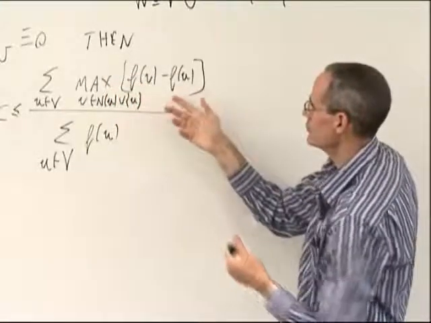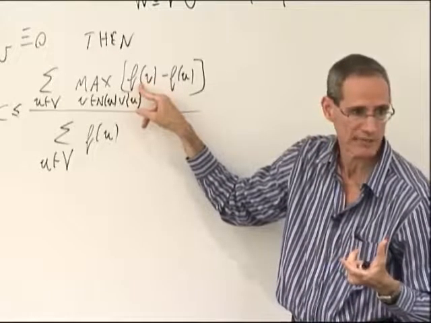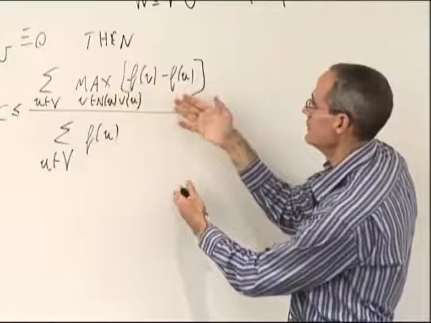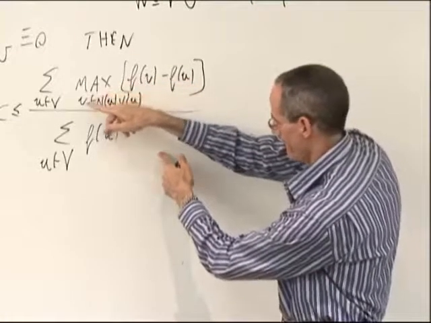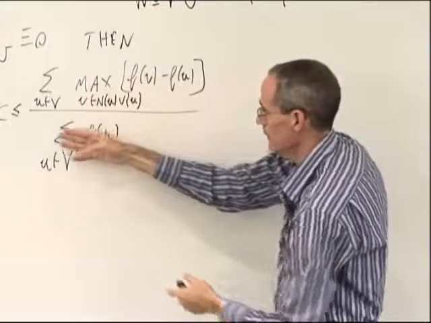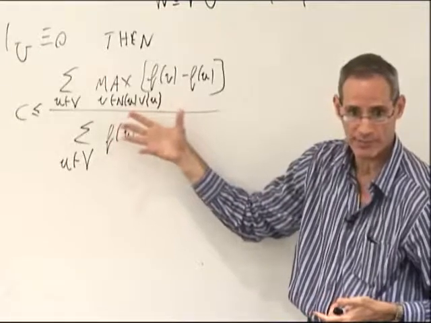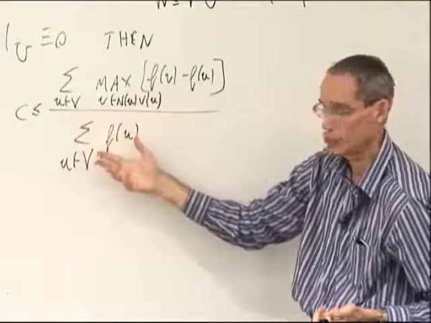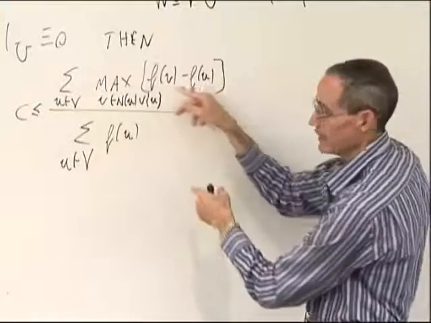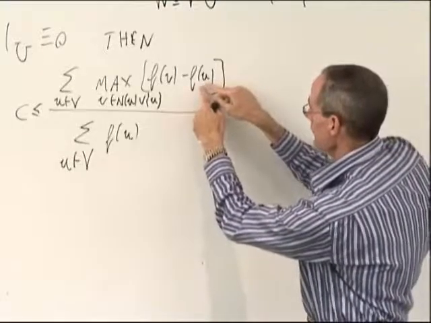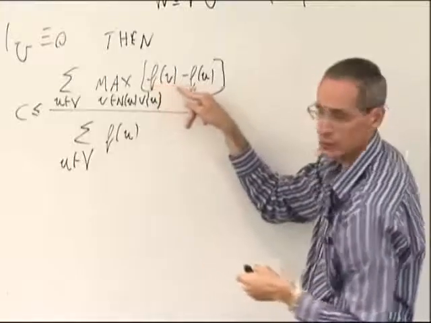This is not surprising because if the function f is a 0-1 function, a characteristic function of a set W, then here you get the volume or the size of W, because you get 1 for each vertex of W. And here you get 1 if and only if this u is a vertex on which the value is 0, but it's a neighbor of someone in which the value was 1.